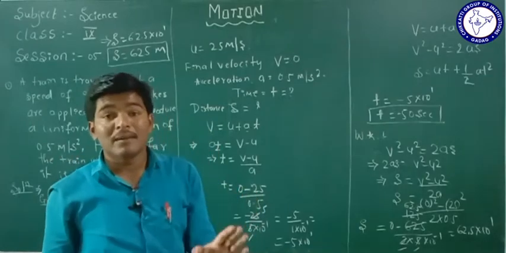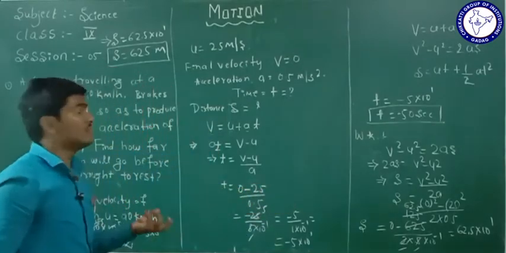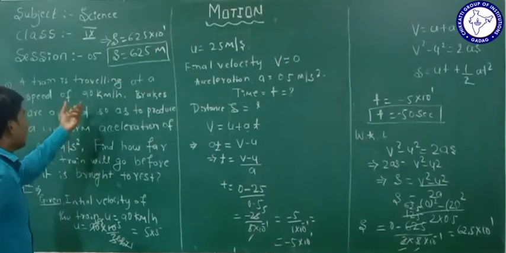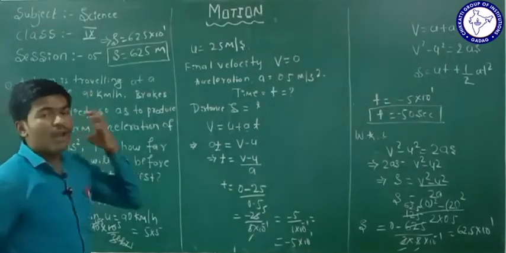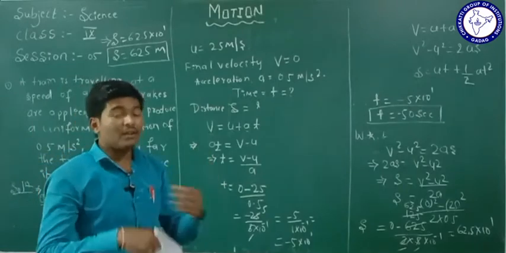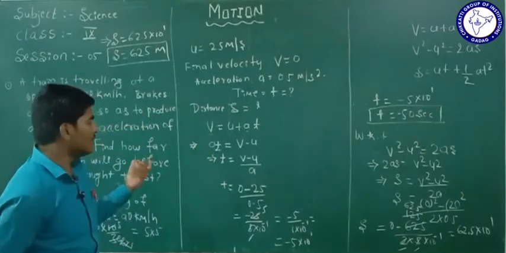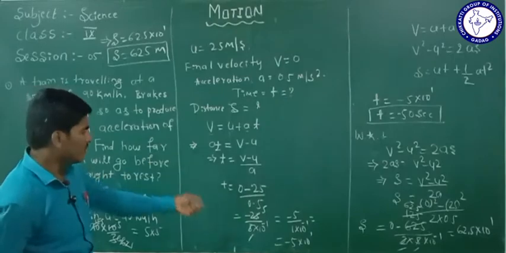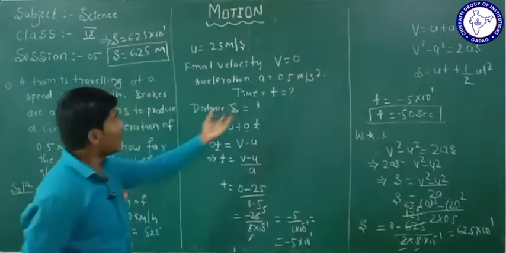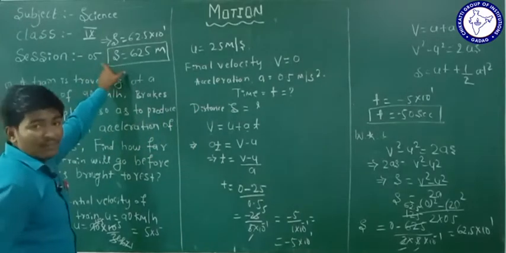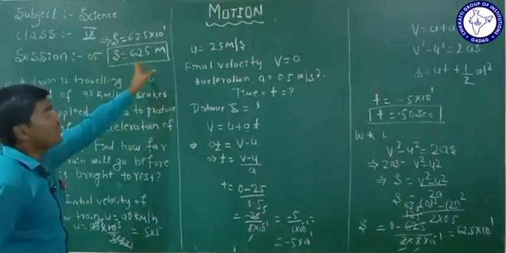So what is the answer here? After applying the brake to a train which travels at a speed of 90 km per hour, it takes 50 seconds to come to rest, after travelling a distance of 625 meter.